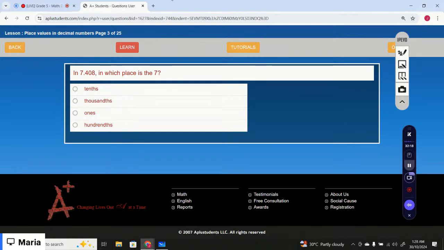Very good. 7 is at the, yes, that is ones. 7 is at the ones position. Very good.